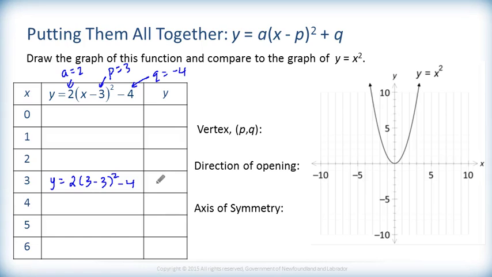So when we calculate, we've got negative 4 right here. If I put in my values on either side of x equals 3, let's see what happens. 4 minus 3 is 1, squared is 1, times 2 is 2, subtract 4 is negative 2. Likewise, on the other side, 2 outside of 2 minus 3 squared, that's negative 1 squared, times 2 is 2, subtract 4 is negative 2 again.